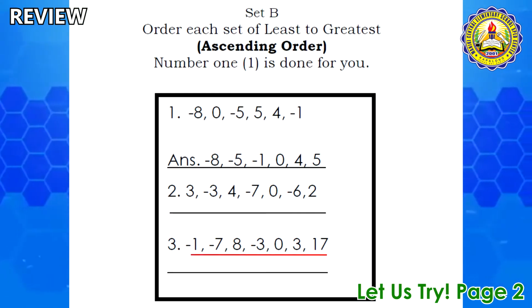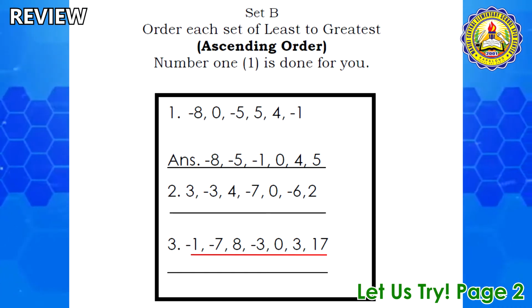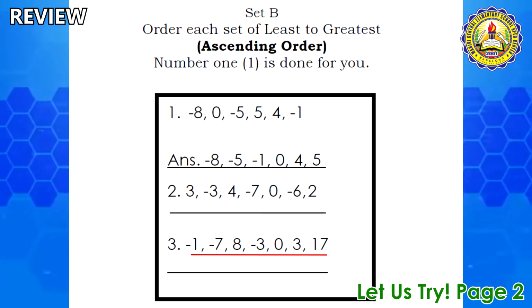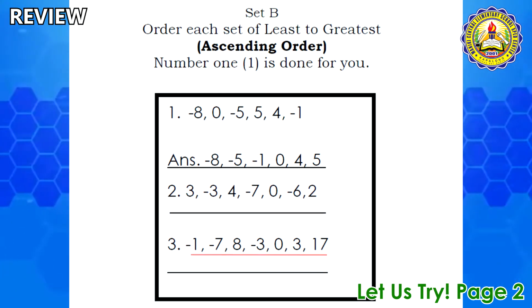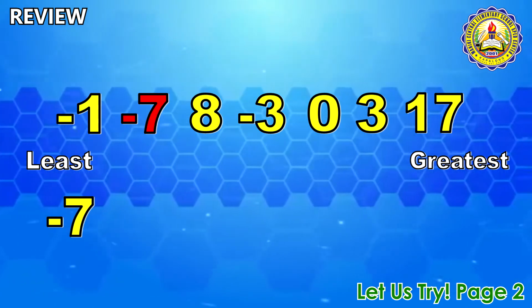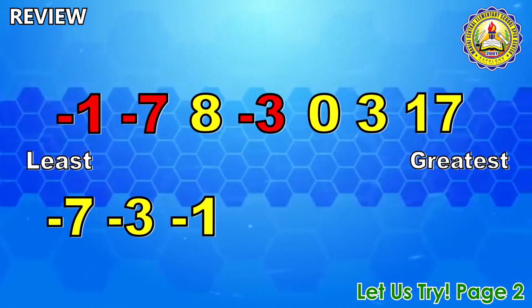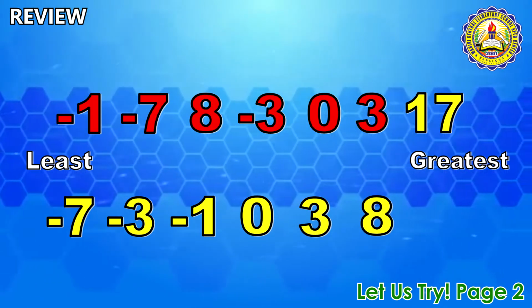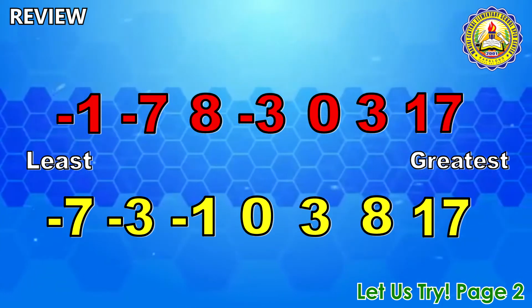Next: negative 1, negative 7, 8, negative 3, 0, 3, 17. The correct order is negative 7, negative 3, negative 1, 0, 3, positive 8, and 17. Well done, kids! You've really understood our previous lesson.